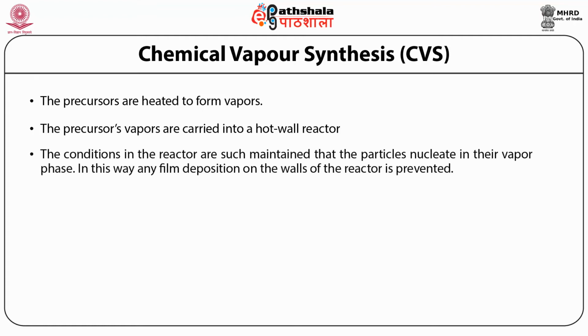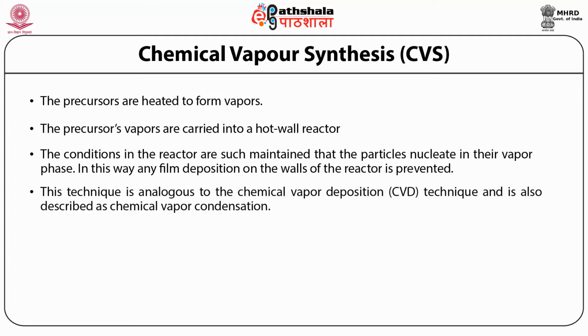The conditions in the reactor are maintained such that the particles nucleate in the vapor phase. In this way, any film deposition on the walls of the reactor is prevented. This technique is analogous to the chemical vapor deposition technique and is also described as chemical vapor condensation.